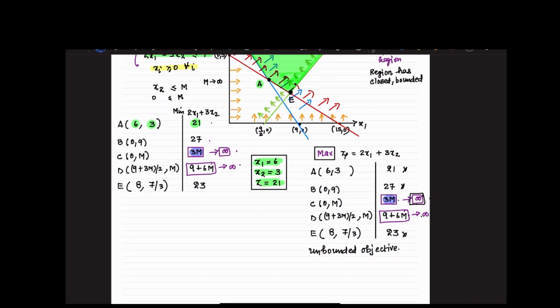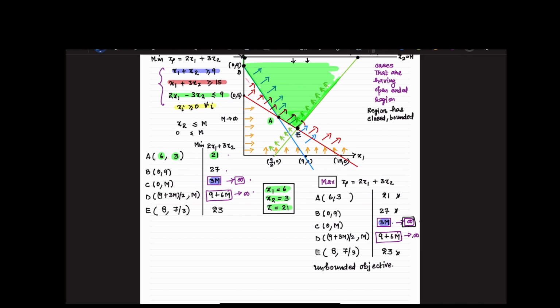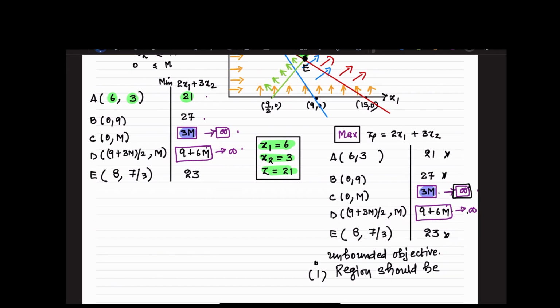So how to decide when you are getting an unbounded objective? The first condition to get the unbounded objective is that the region should be unbounded or open-ended.